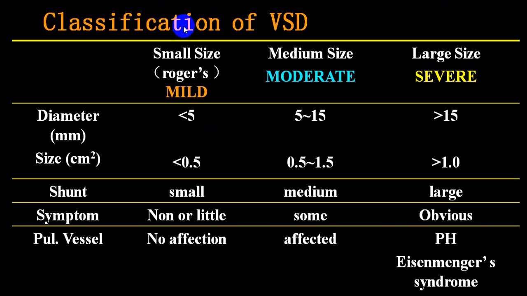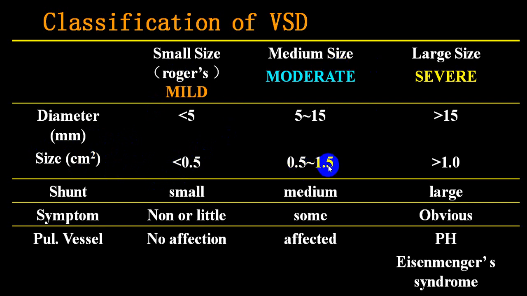Another classification which is commonly utilized: small size, moderate size, or severe size. Small size, diameter wise less than 5 millimeter, is also called mild or Rogers defect. If you calculate the area, it is less than 0.5 square centimeter.